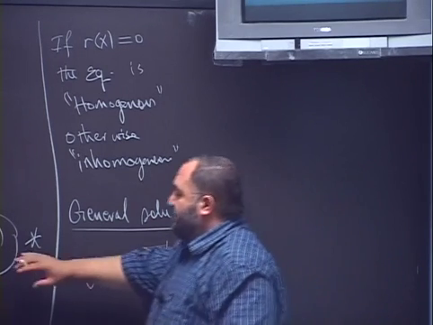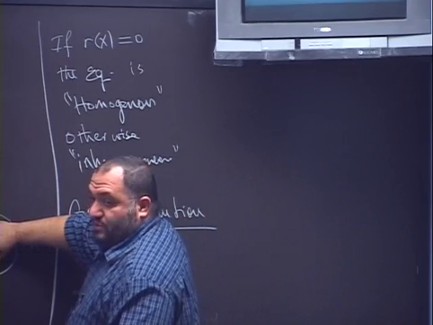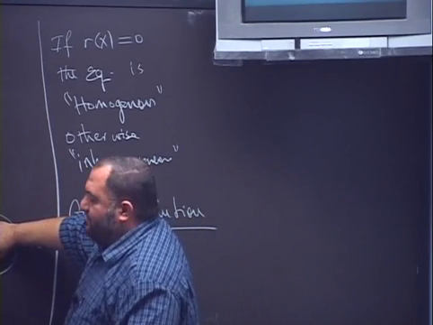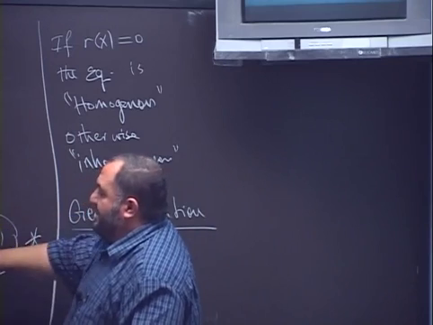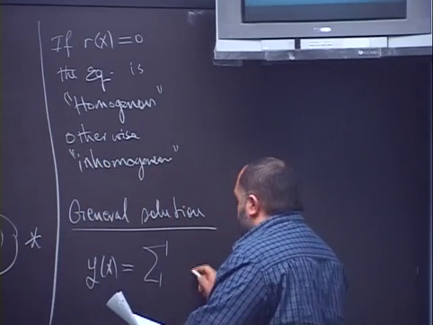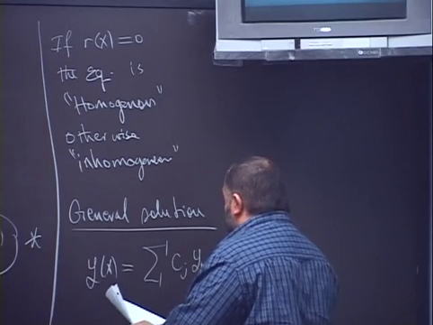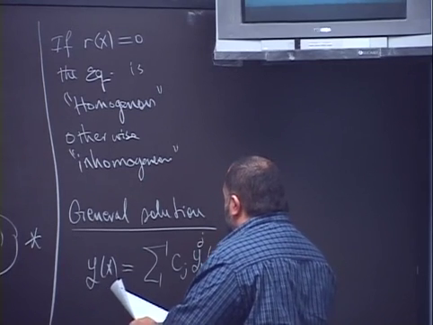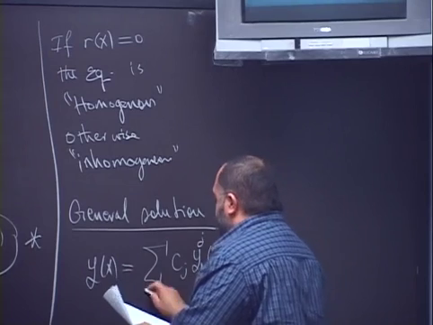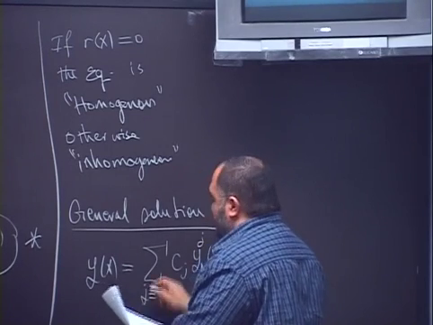The solution for the homogeneous equation, when r(x) equals 0, we will see later in the class, is the sum of c_j y_hj(x), where j goes from 1 to n.